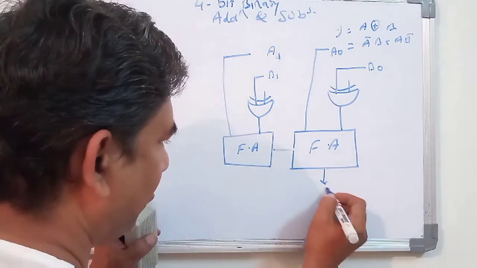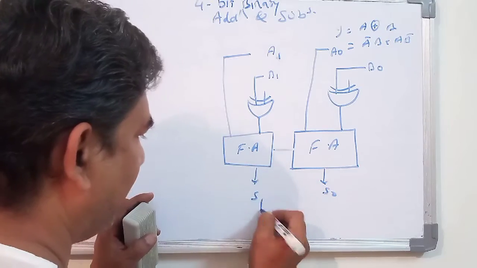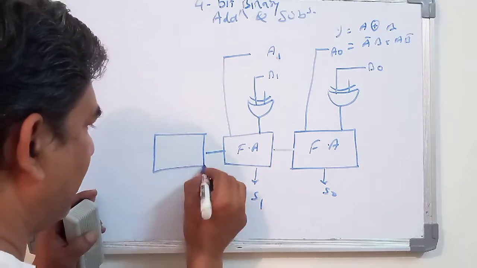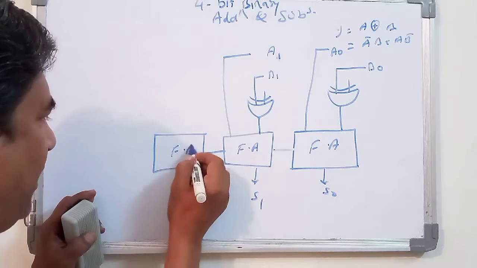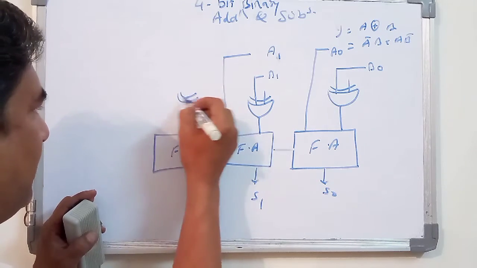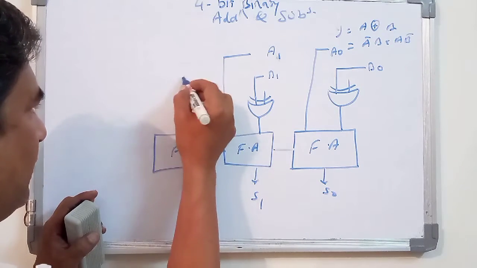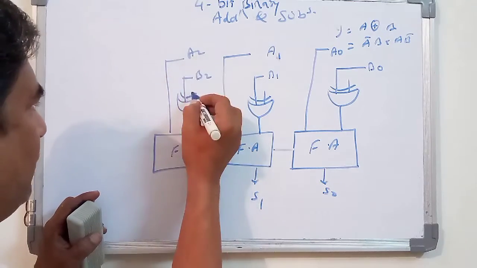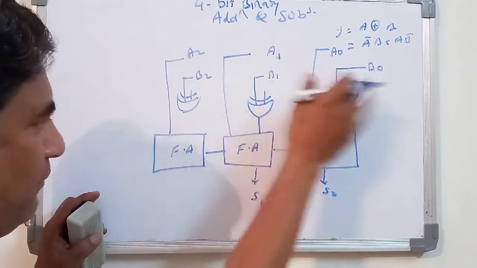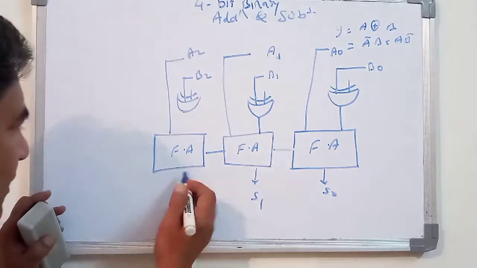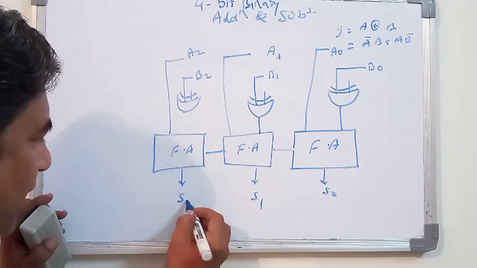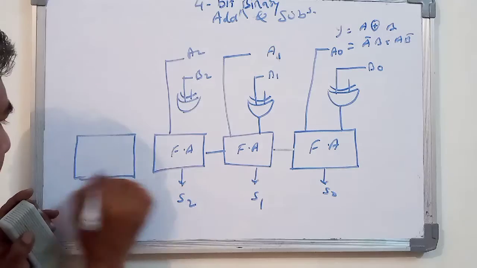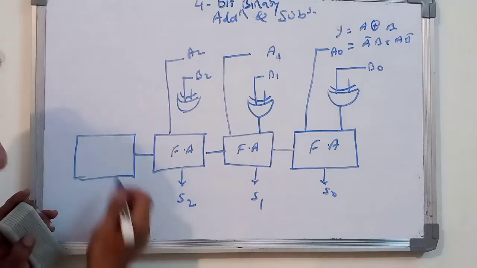So here you will be getting S0, here you will be getting S1, and the carry will again be generated. For the next full adder and XOR gate, it is B2, again A2, and one input we will just keep out for a while. The output, that is S2, and again the carry will be generated and connected with the last adder.